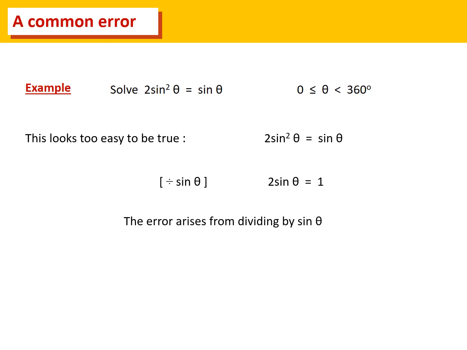But we can't divide through by sine theta because it's possible that sine theta could equal 0. And you cannot divide by 0. So we can divide by a constant, we can divide by 2 or 10 or something fixed, but when we're dividing by a variable, we have to be careful if that variable ends up as 0.